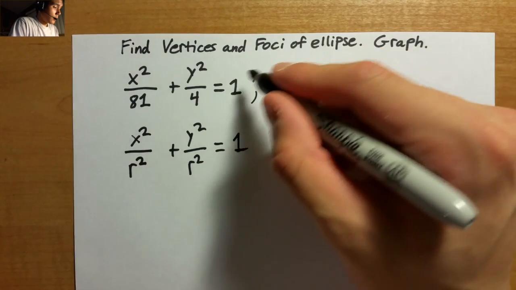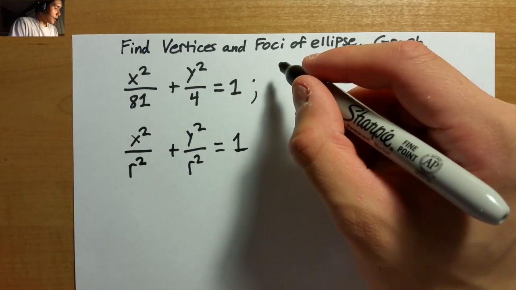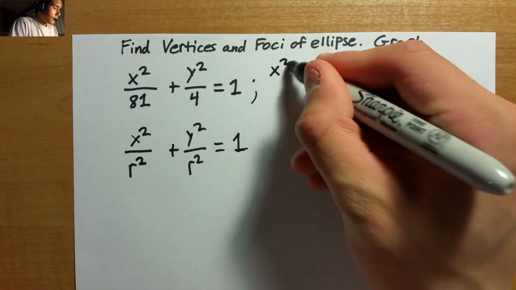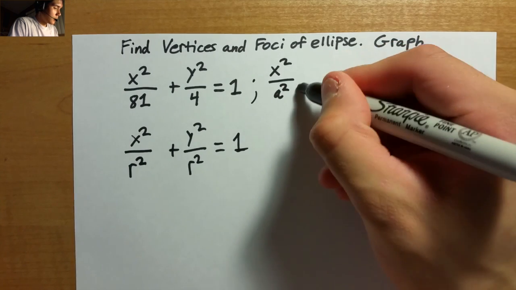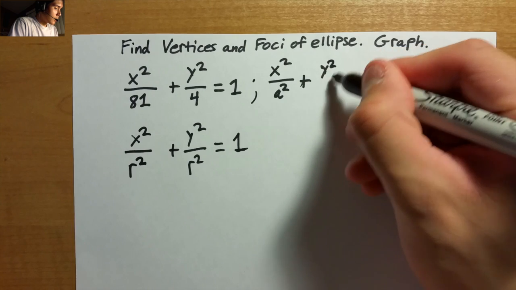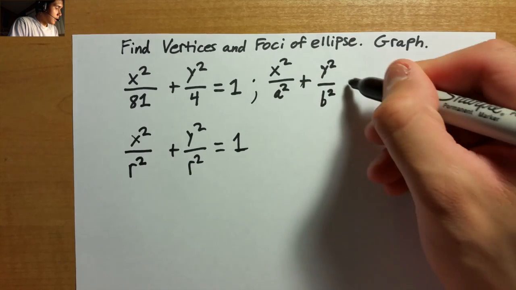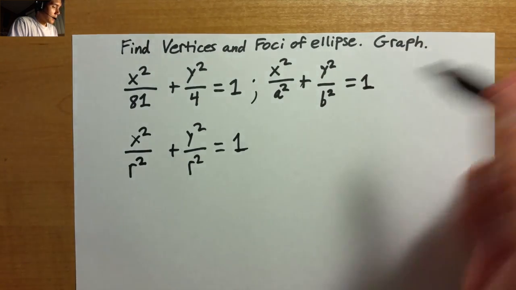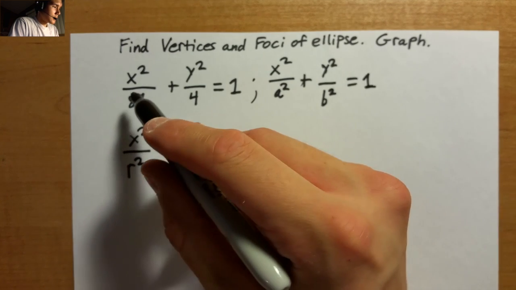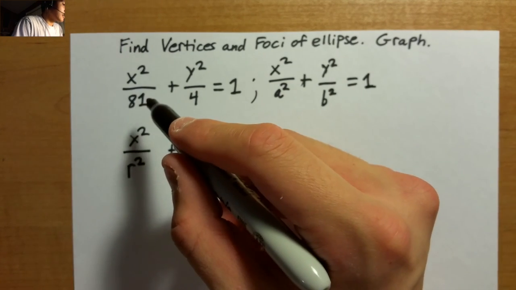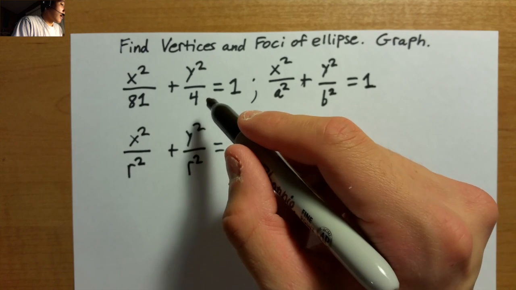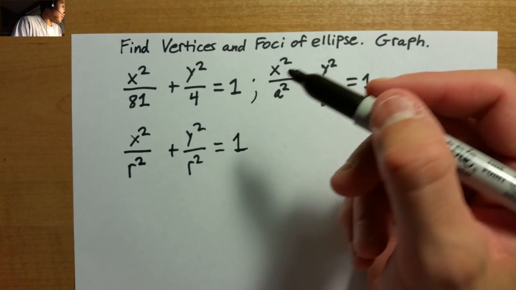Okay, so we're going to rewrite this as x squared over a squared plus y squared over b squared equals 1. So since x is our major axis or our long axis, then y is going to be our short axis, since that's the only option left.